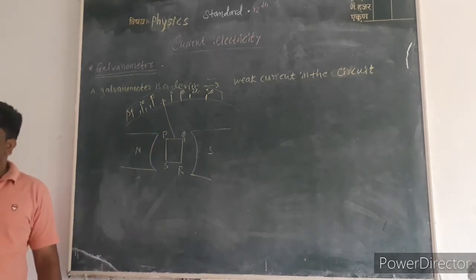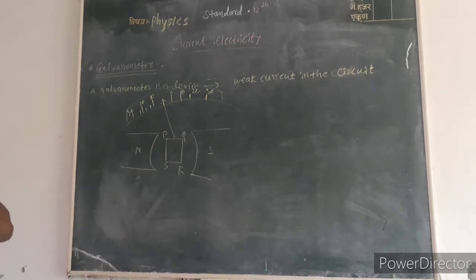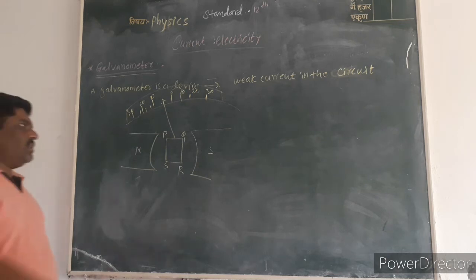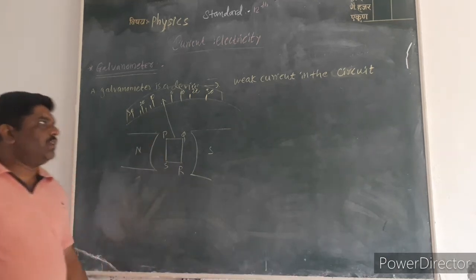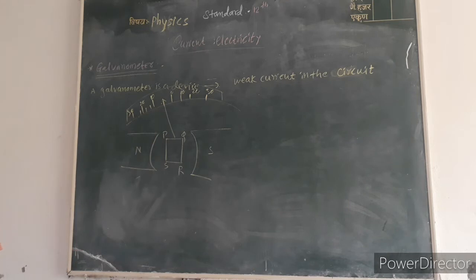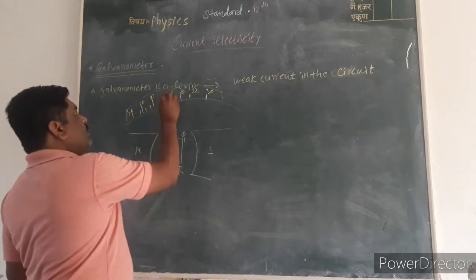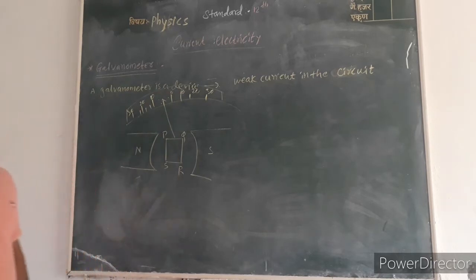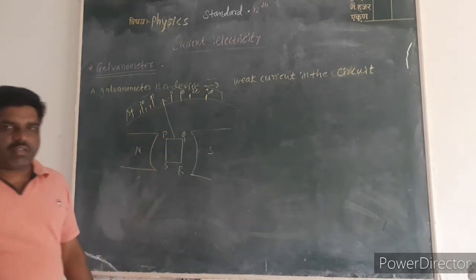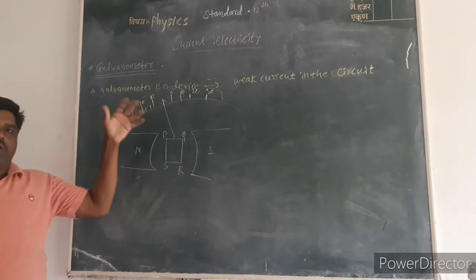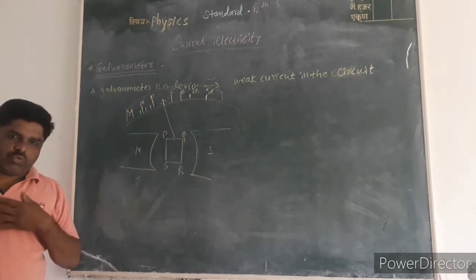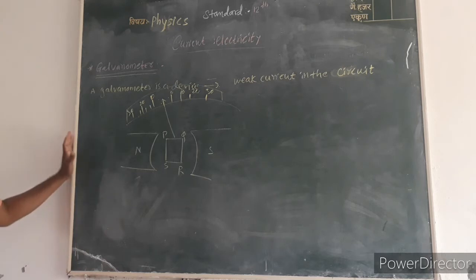This is a rough or internal diagram of galvanometer. If this coil is carrying current, this pointer gets deflected, indicating a very small current, such as 0, 5, 2 or so.